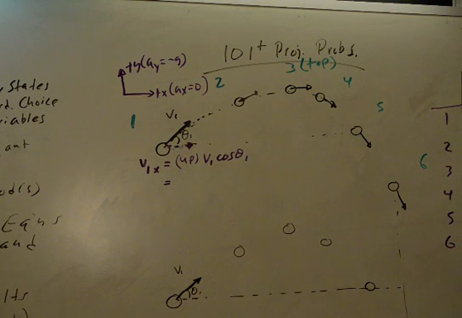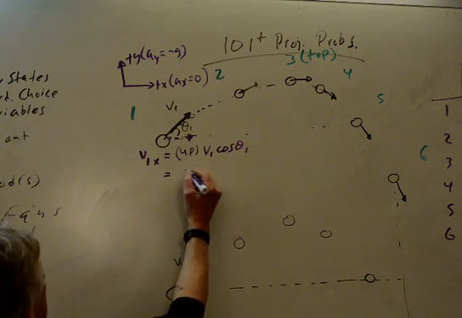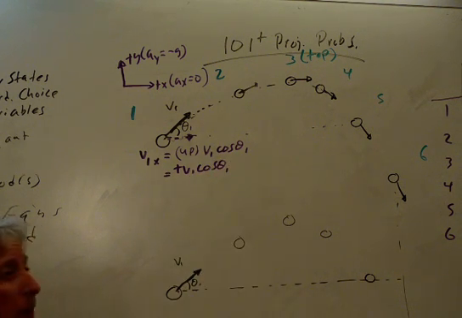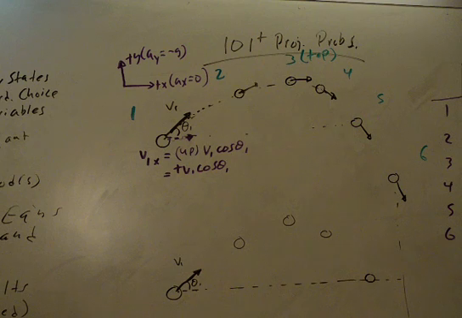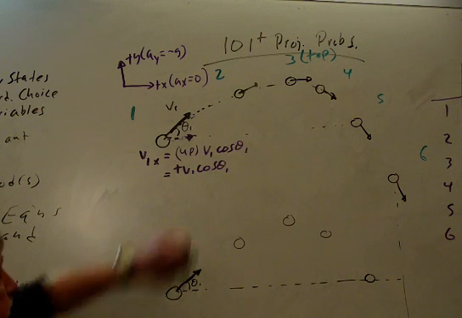Writing that will make you faster and avoid mistakes. And we're going to build on that when we do Newton's laws too, in a big way. So now I can say that's positive V1 cosine theta 1. Now remember, I might not know that. Some of this is going to be known through experimental measurement, or it's just given in a problem, and the rest you find out. And that's the game. Okay, so if it's not known, fine, just leave it as a symbol.